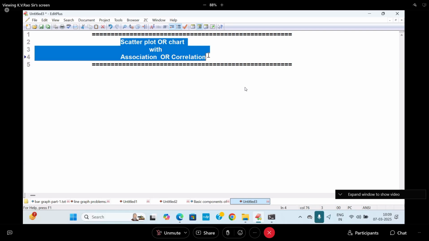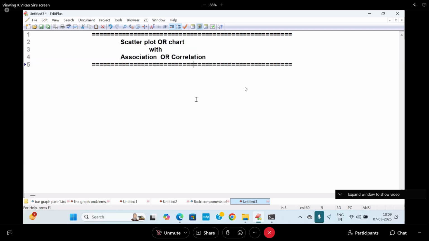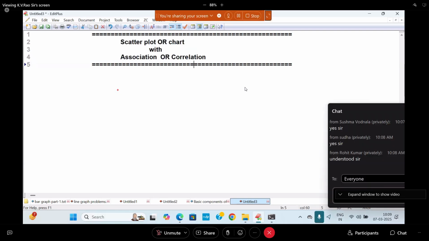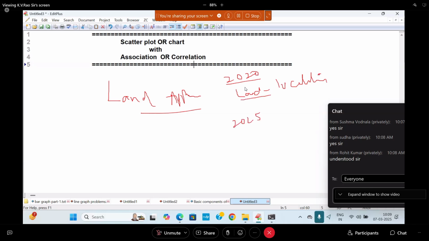What is the meaning of that? A direct example: take land appreciation. Do you know this? Land appreciation. Say you purchased one land in some locality in 2020 with some rupees.